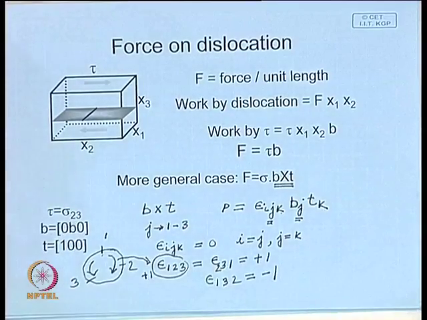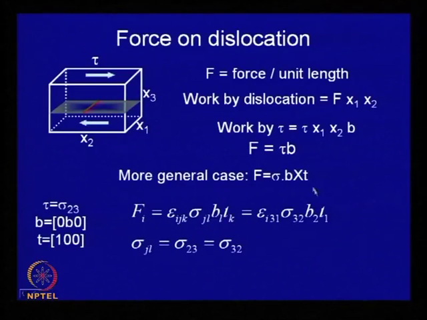Now, with this, if we apply that here, the product sigma dot B cross T will be represented as F i, the ith component of the force. It can have 3 components along 3 directions, x 1, x 2 and x 3.